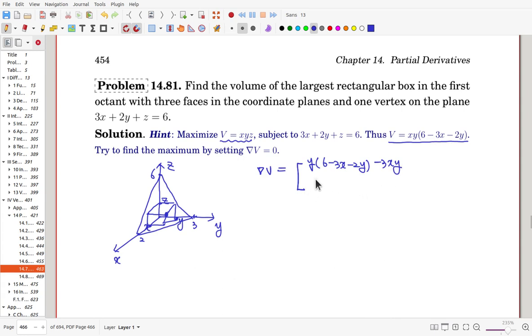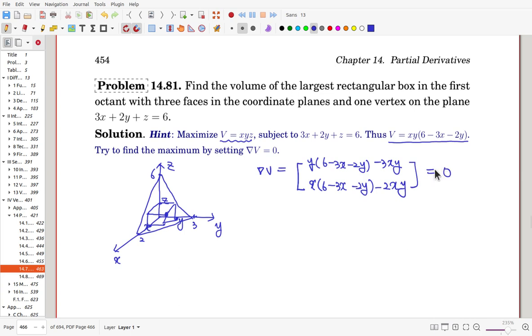And secondly, the y derivative, there will be x times (6 minus 3x minus 2y), and the y derivative of the bracket is minus 2, so times xy. We have to solve these equations.